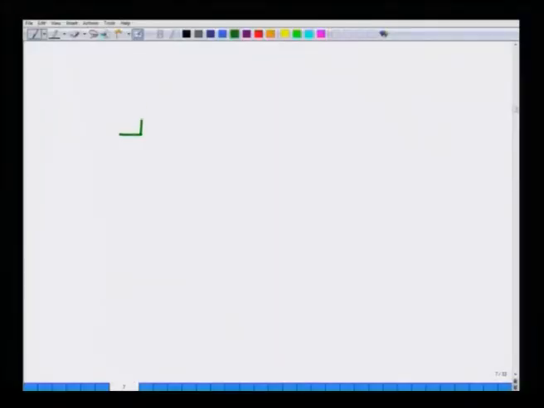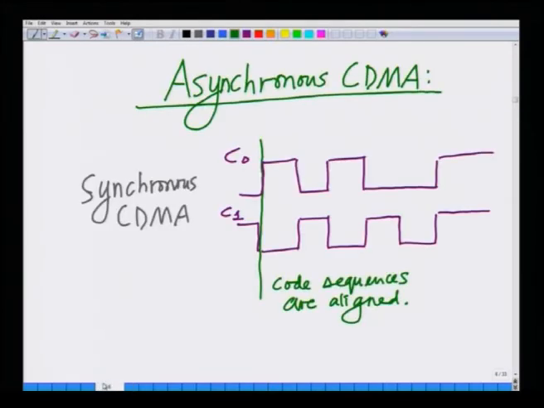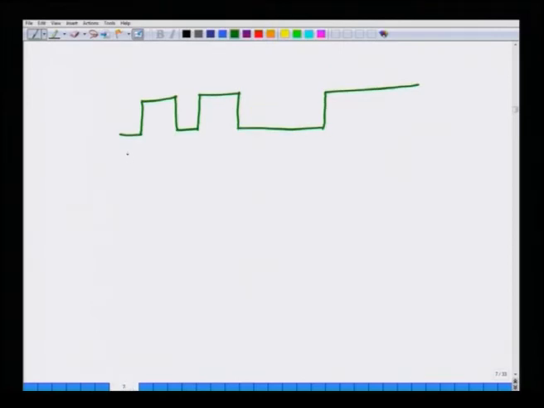This is known as the asynchronous nature of CDMA. While user 0's chip sequence might arrive as follows, because of the random delay in the system, the user 1 chip sequence might arrive with a slight delay.